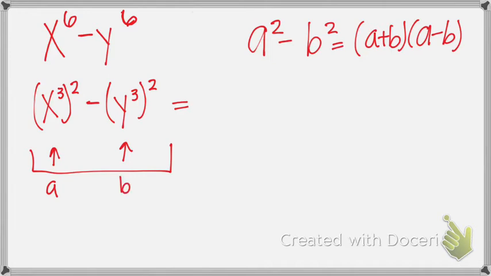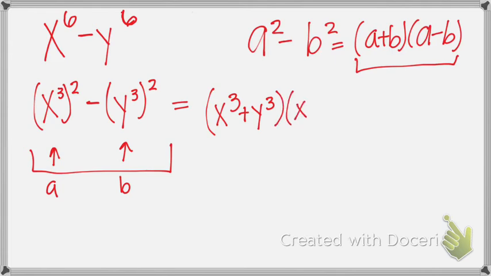All right, so we're going to write that now in this form, x cubed minus y cubed. So I renamed x cubed and y cubed as a and b, and then I put it in a plus b, a minus b. So I split them up.